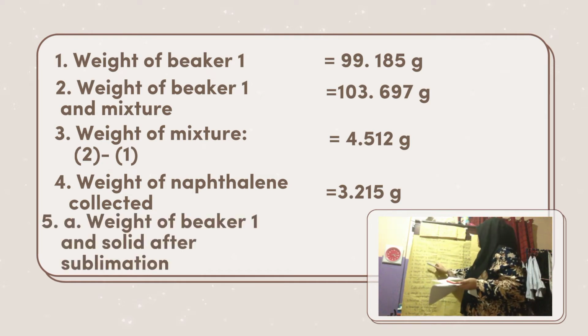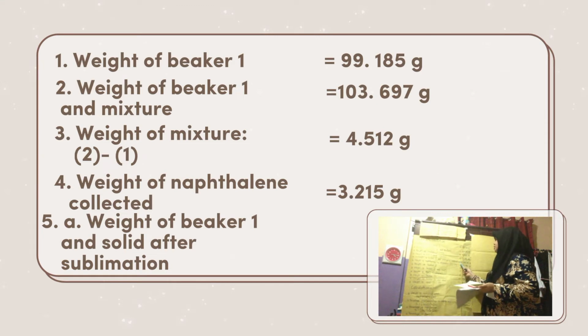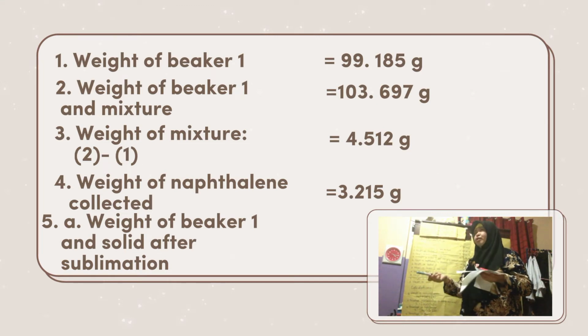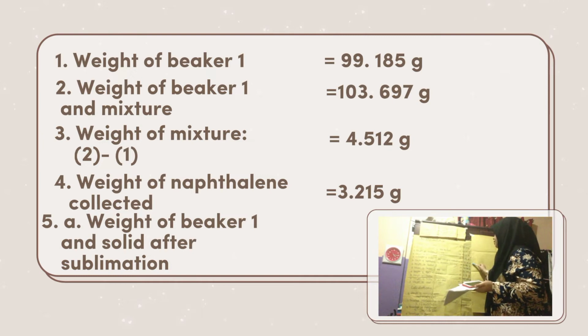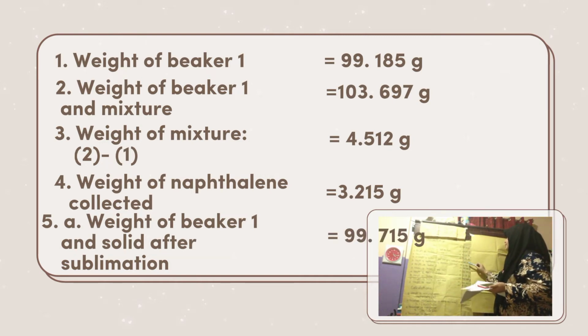And then, what is the weight of beaker 1 and solid after sublimation? As we all know, sublimation is a process of solid to gas. We have the weight of beaker 1 and solid after sublimation, 99.715 grams.